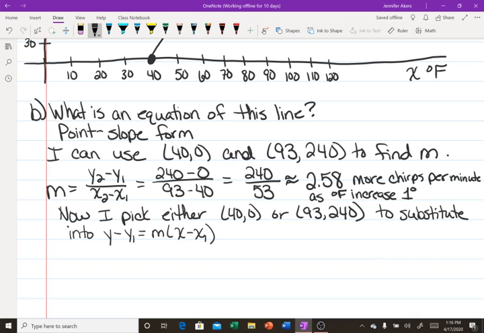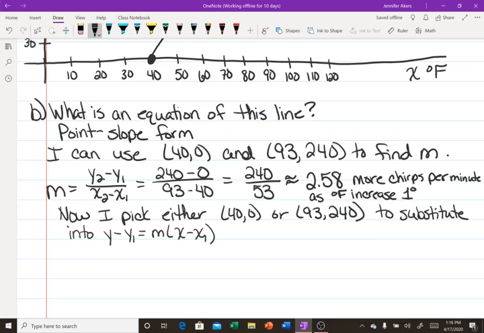So I'm going to do this two different ways. This is the only thing that makes it difficult for a teacher with point-slope form, is because there's infinitely many equations that are correct, because there's infinitely many points on the line.